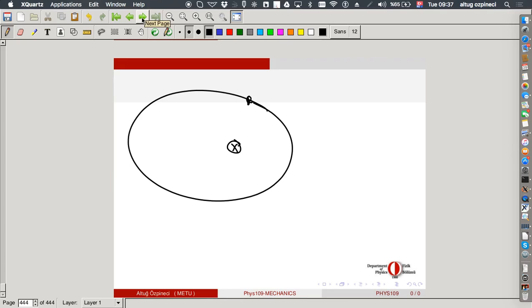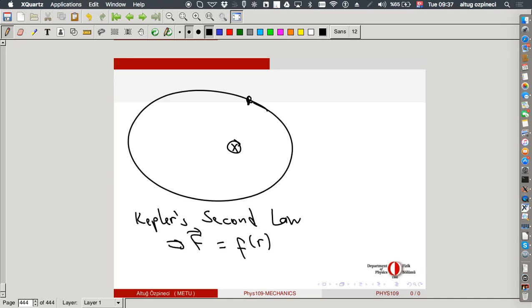So again, Kepler's second law tells us that the force acting on this planet can be some function of the position, we don't know, but it definitely has to be in the radial direction.